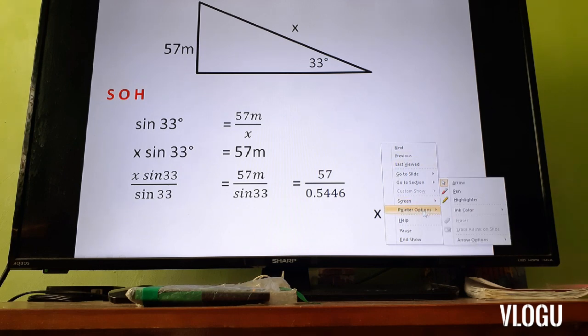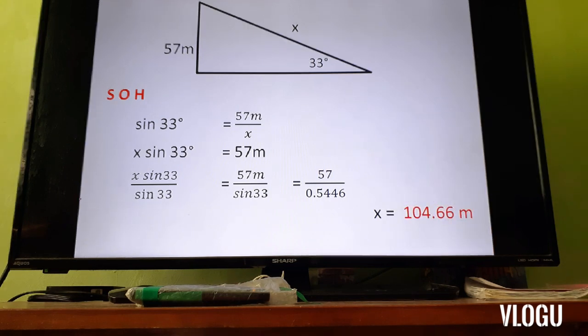So if we divide both sides by sine 33 degrees, we can immediately cancel out, and the remaining value is equivalent to 57 over sine 33 degrees.